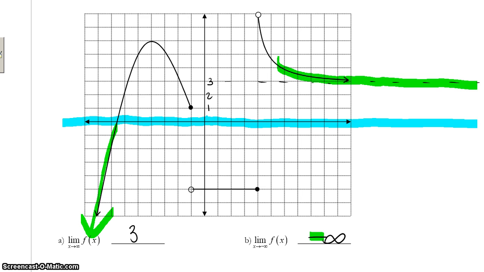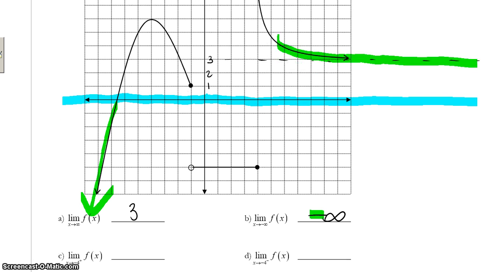Let's take a look at our next one. The limit as x approaches negative 4 from the right side, f of x approaches what? So where's our negative 4? We have 1, 2, 3, 4. So as our graph approaches negative 4 from the right side, f of x is equal to 4, 5, 6, looks like 6.